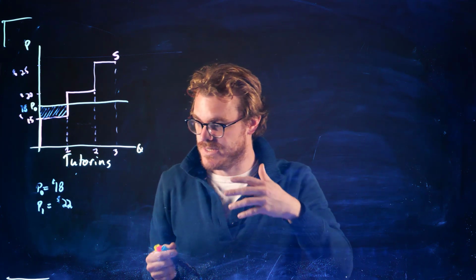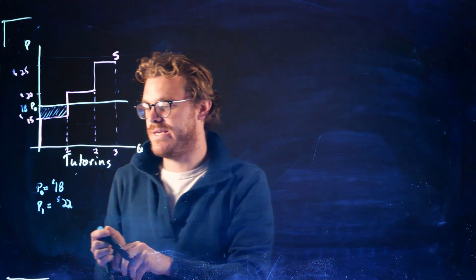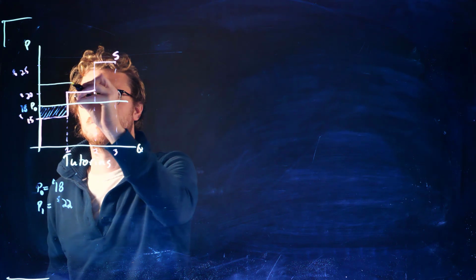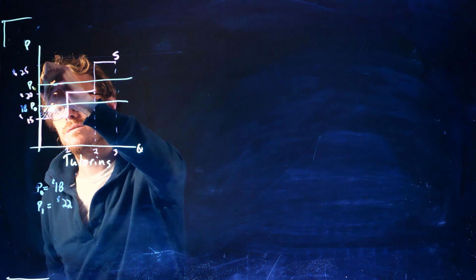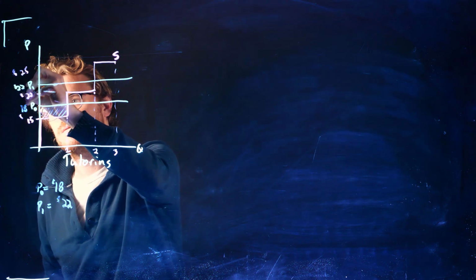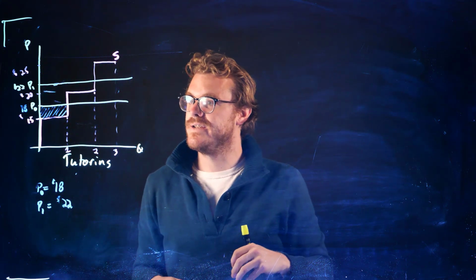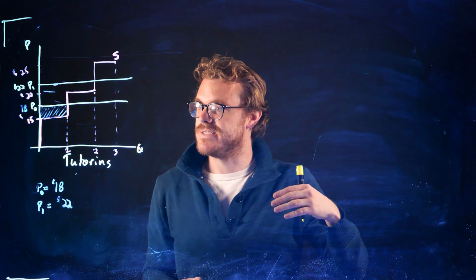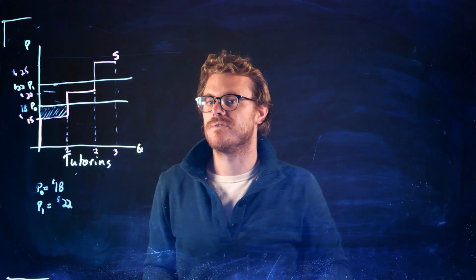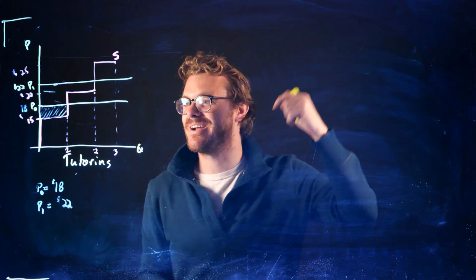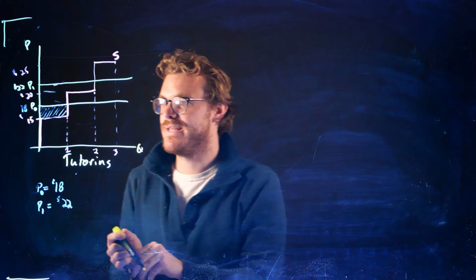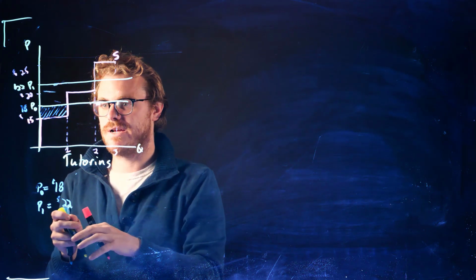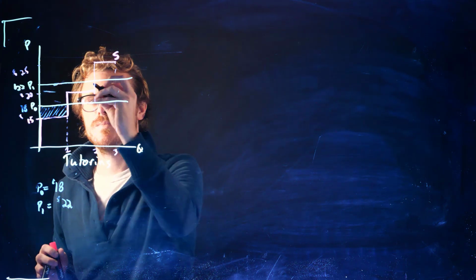And we talked about the price going up to $22. Well, again, the producer surplus is everything below the price and above the supply curve.